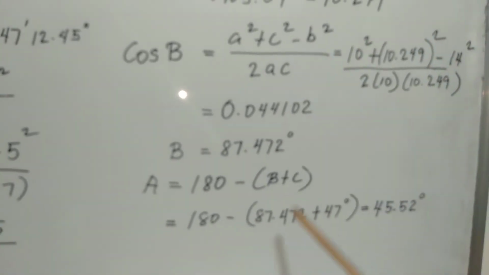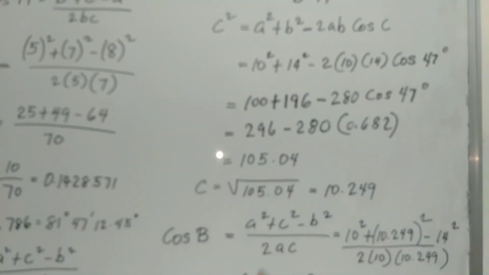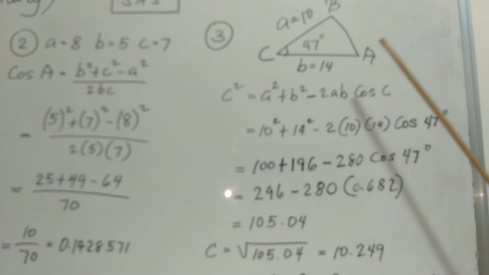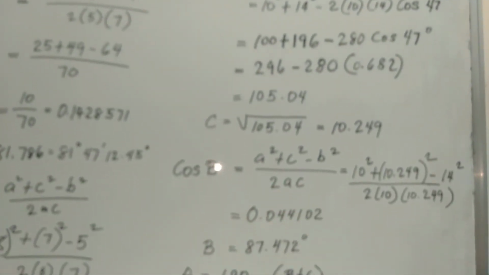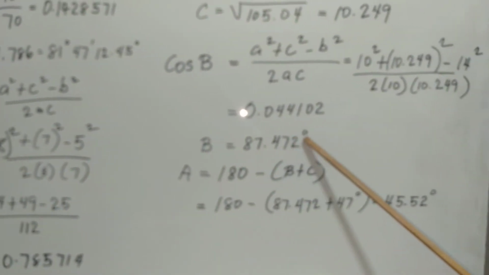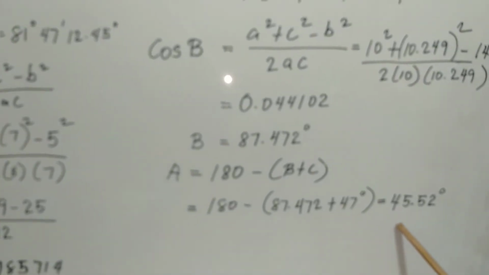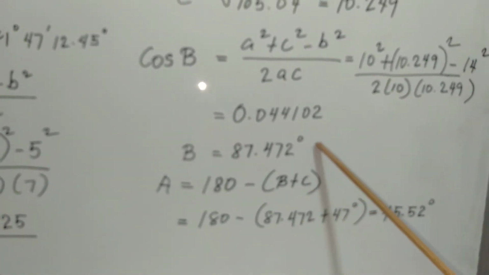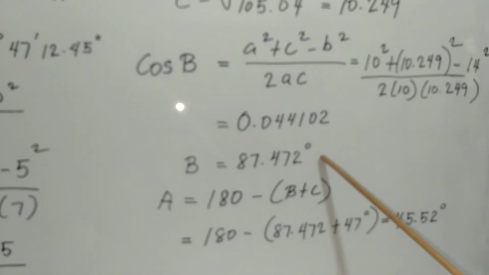So, we can again check all these. The checking will be, it's up to you if you want to check your work. So, we just add 45 plus 87, and so this one is approximately 133.